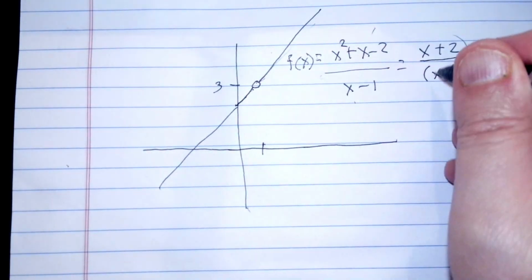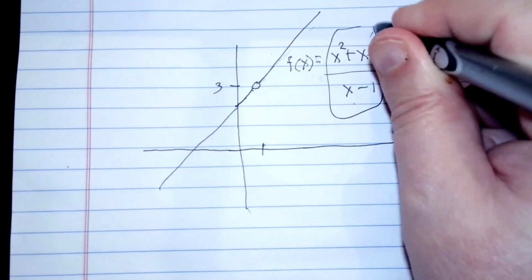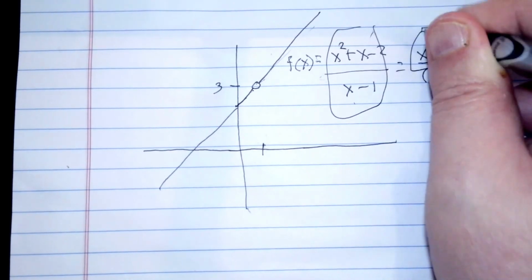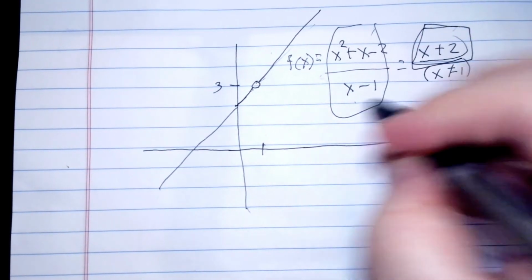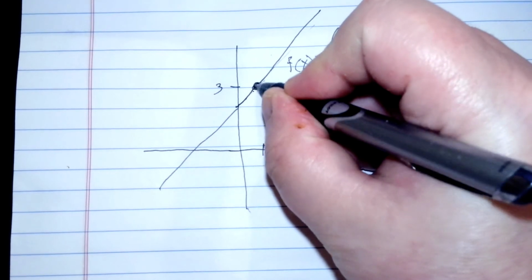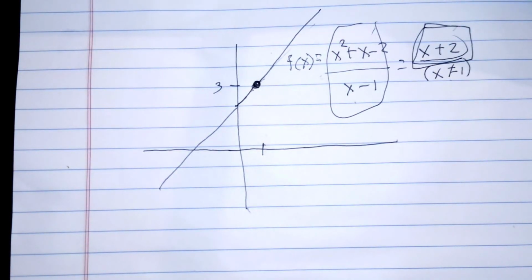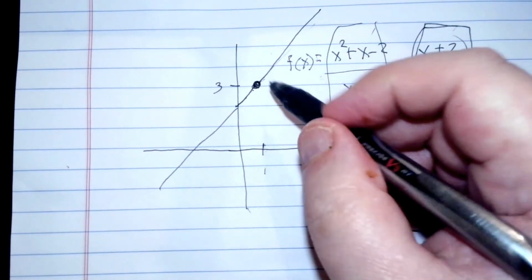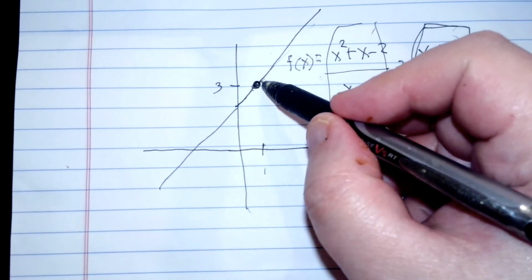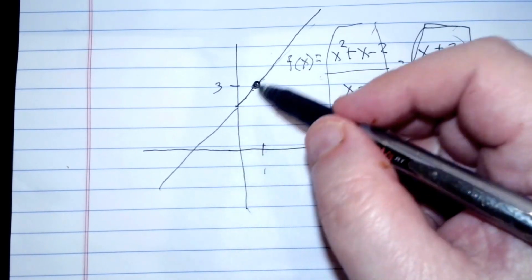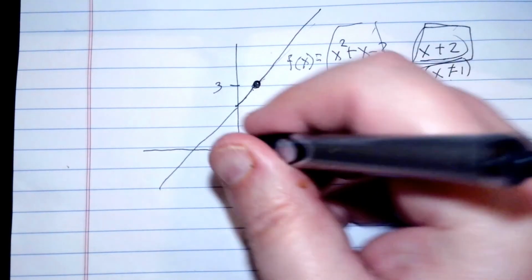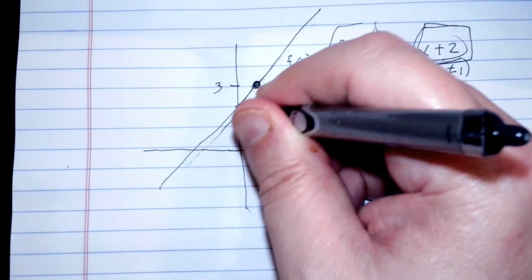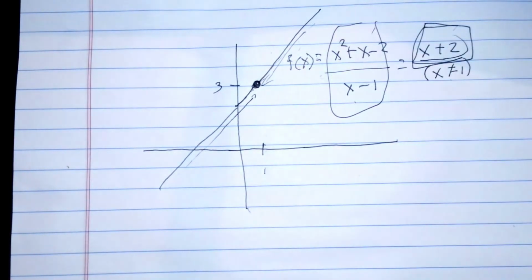What I'm doing by replacing this function with this function is filling in that point. But by filling in that point, I have not changed the limit. The limit of this function as x approaches 1 is 3. The limit of the original function I had here, where you had the open circle, that's also 3, because as x approaches 1 from each side, the y value can be made as close to 3 as we like.